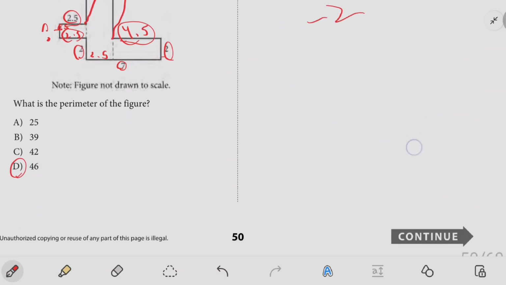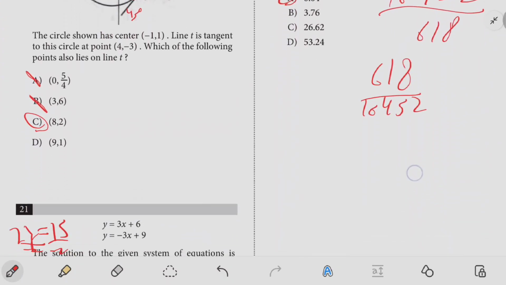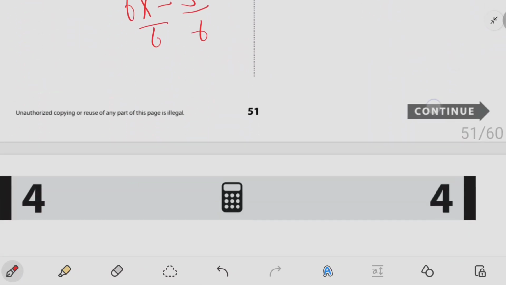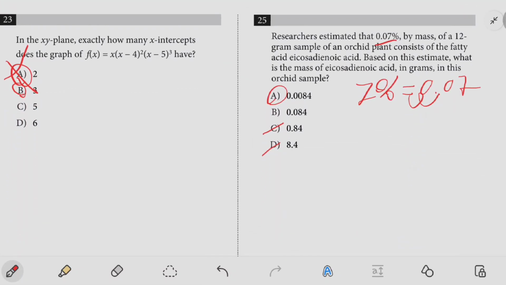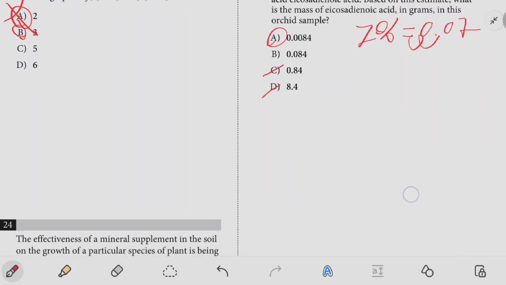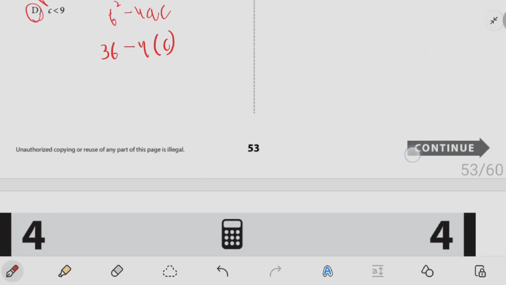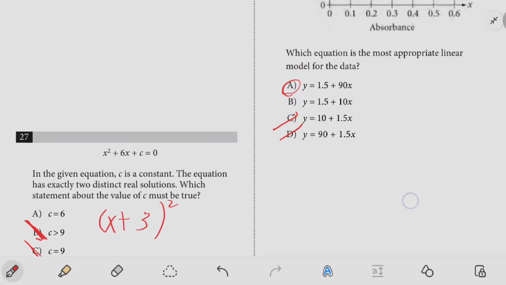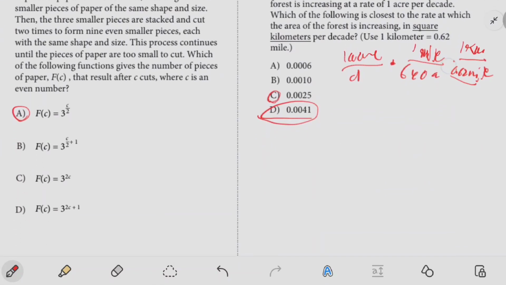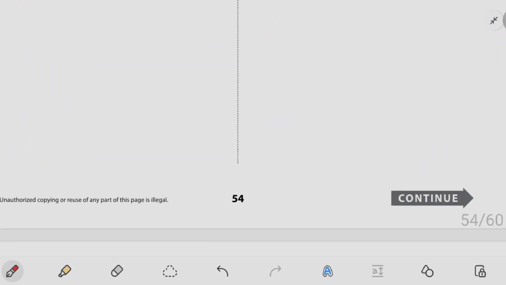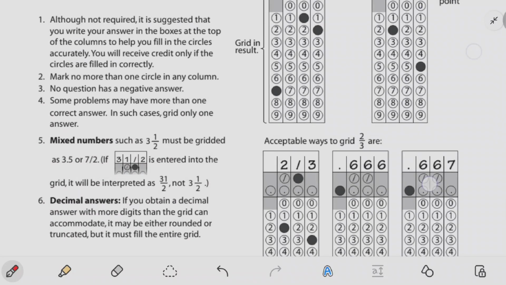It's 2. It's 3. It's 4. We already missed 4.